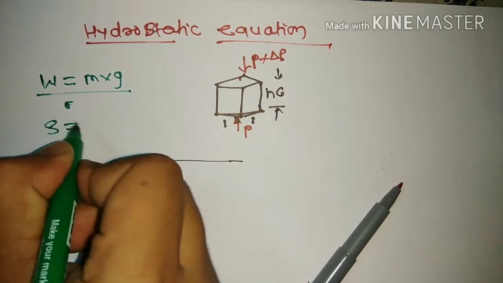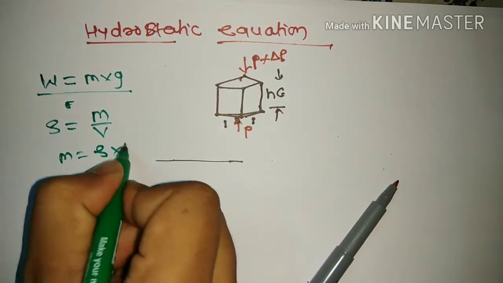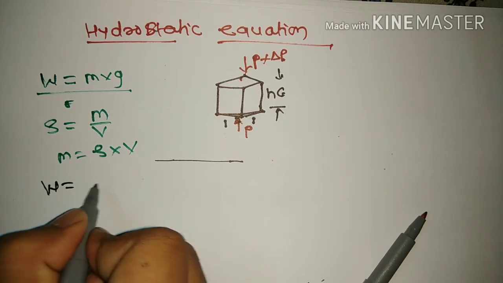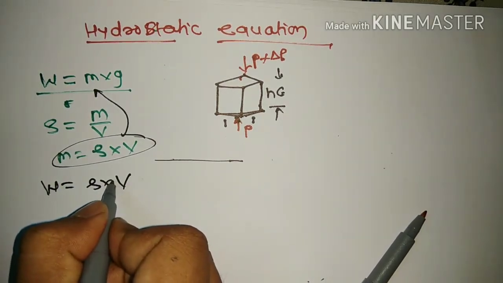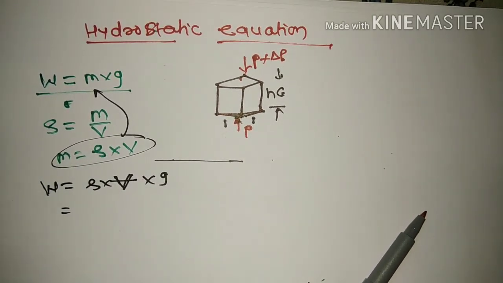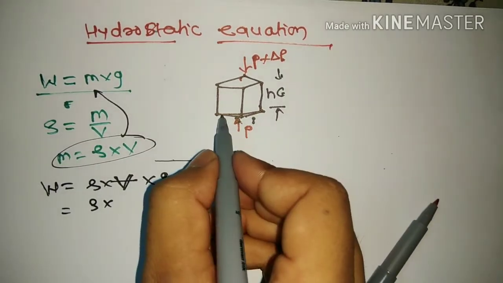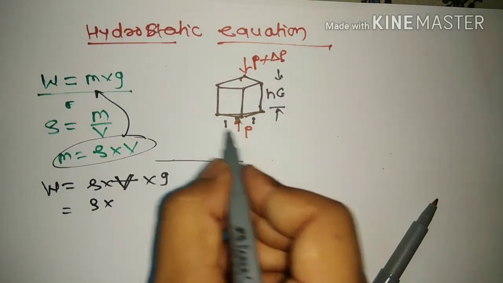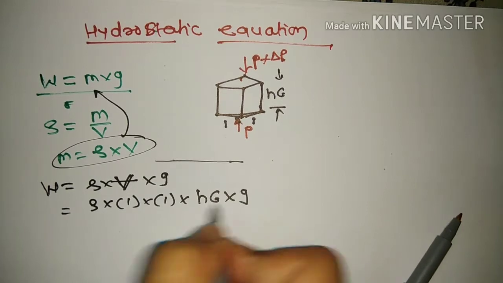Density is the mass per unit volume, so by this formula mass is equal to rho times volume. Putting this into the equation, W is equal to rho times volume times g. The volume of this cube is length times breadth times height; length is 1, breadth is 1, and height is Hg.